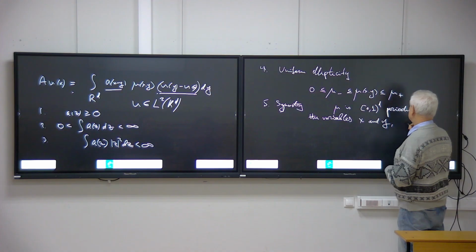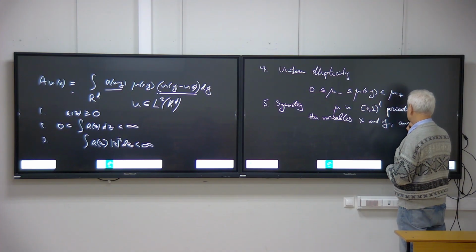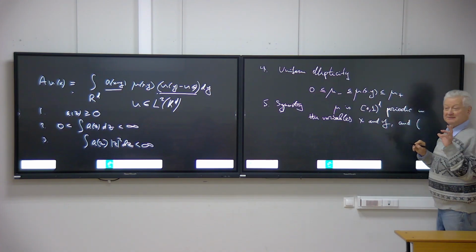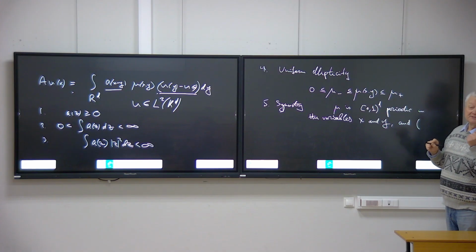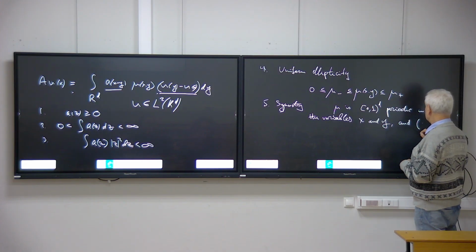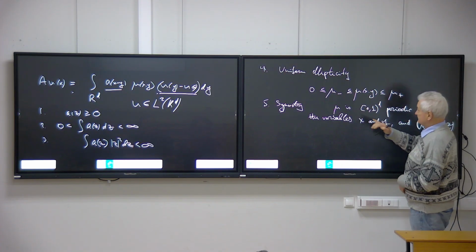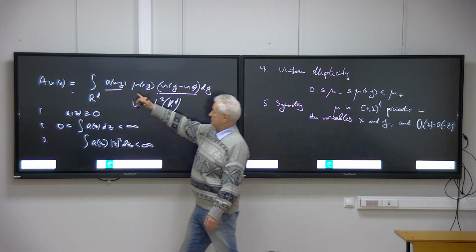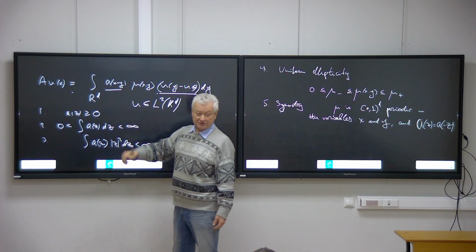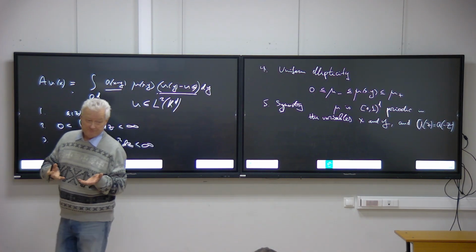And a is an even function. A of minus z is equal to a of z. Since in the kernel of the operator there are two functions, we need a symmetry condition for both of them.